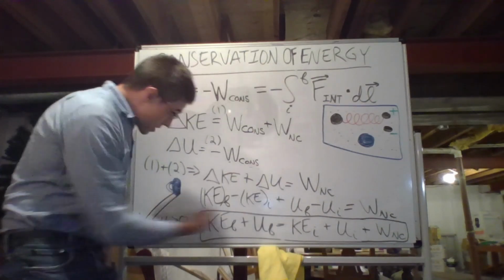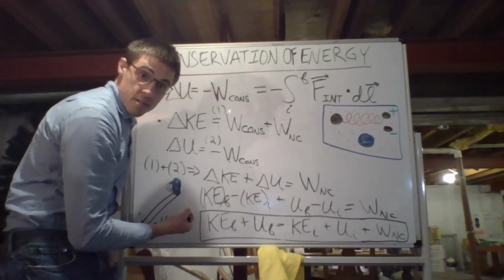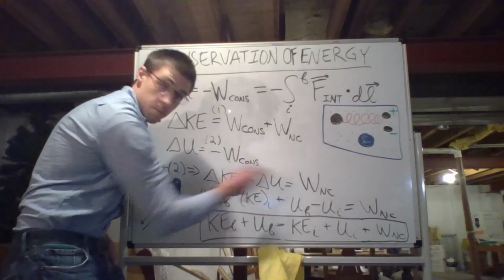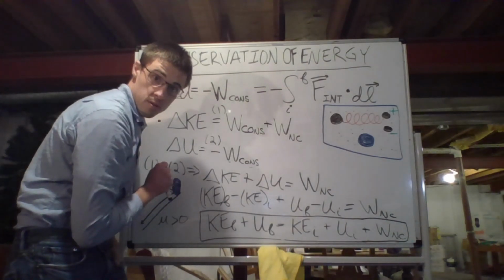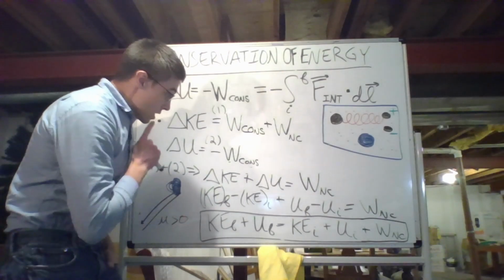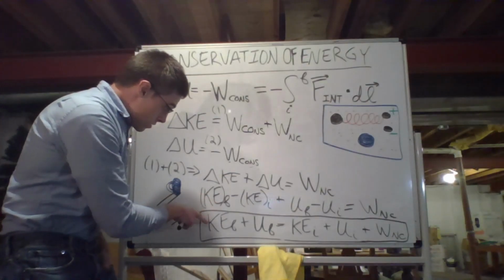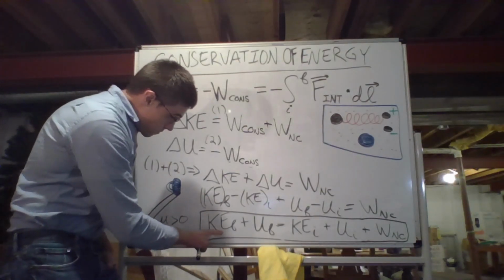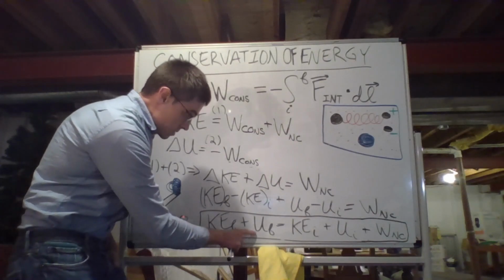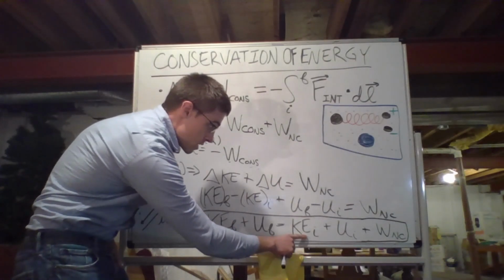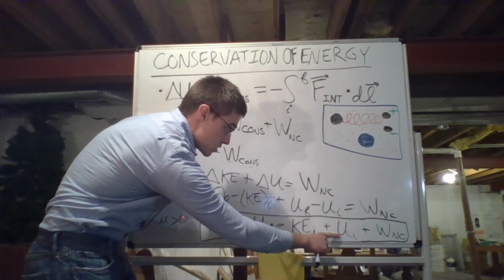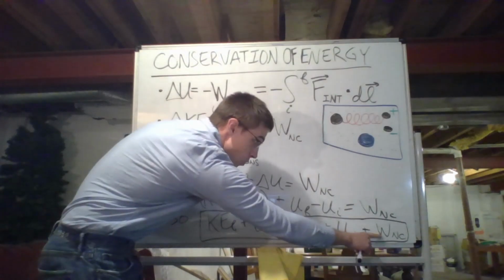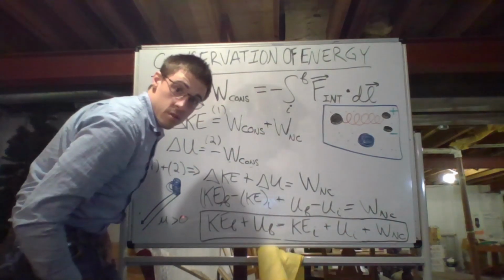How much mechanical energy gets removed from the system? It's just the work done by non-conservative forces. So when I carry this through, you'll see I have final kinetic plus final potential equals kinetic energy initial plus potential initial plus the work that's done by non-conservative forces.